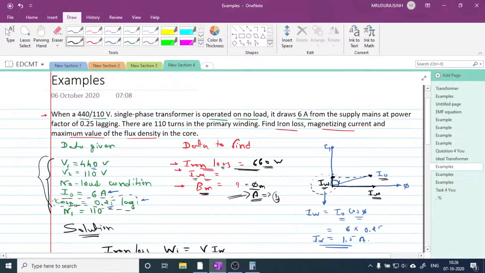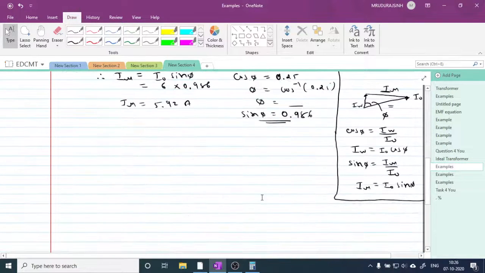So by default we will consider a unit cross-sectional area, and then we will go for finding Bm is equal to phi m, because A is equal to 1.